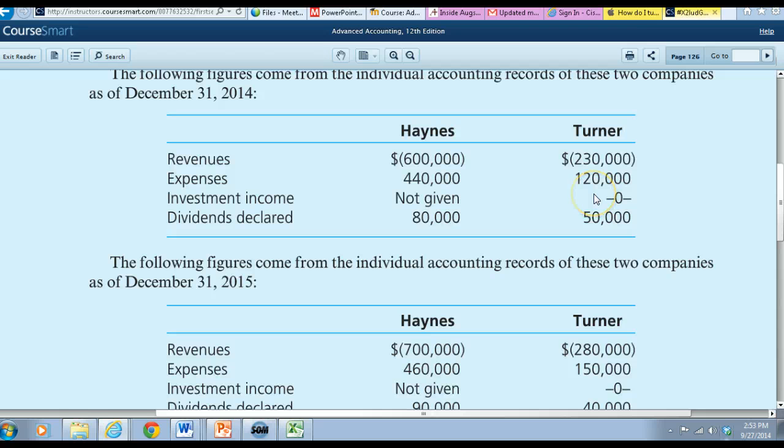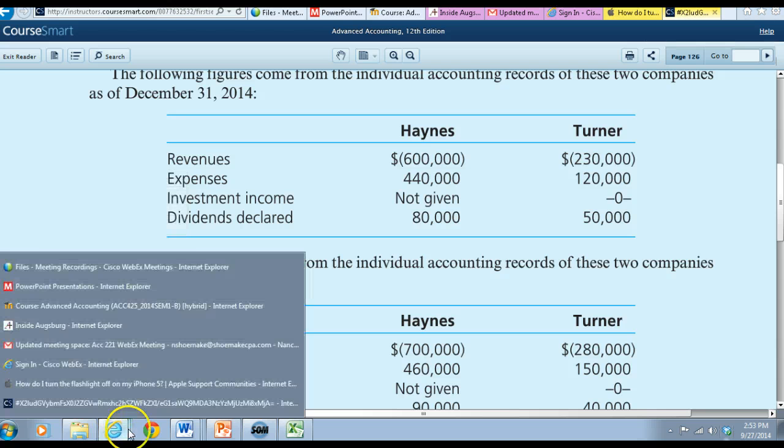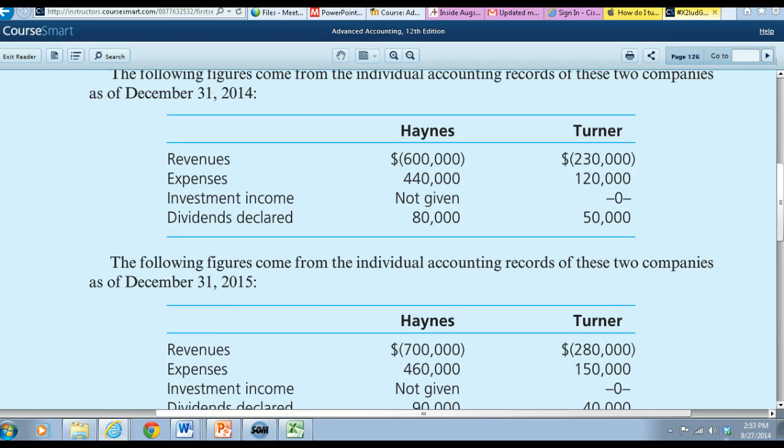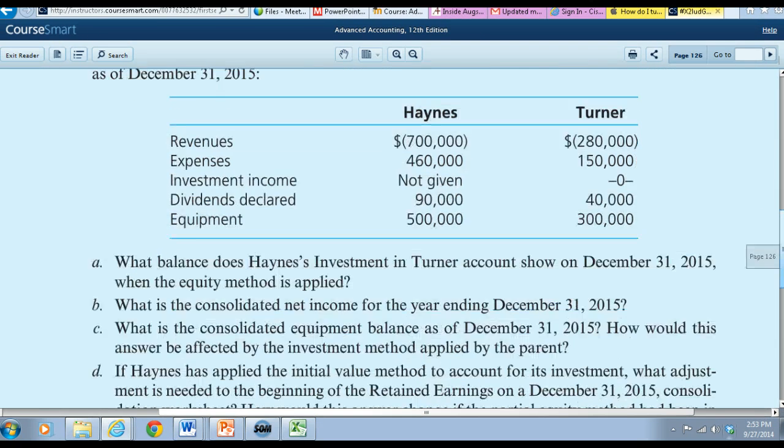Wait a minute, for 2015, not 2014. Let me make sure I'm saying it right. For 2015, okay. So we show the revenues from Haynes of 700. The expenses are 460, to give us a net income of 240. The income of Turner is $280 minus the expenses of $150, giving us a net income of $130.